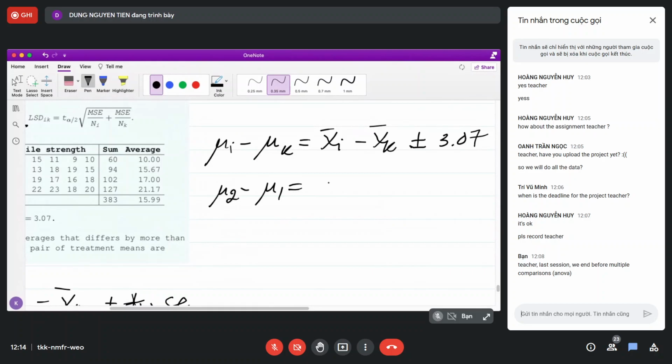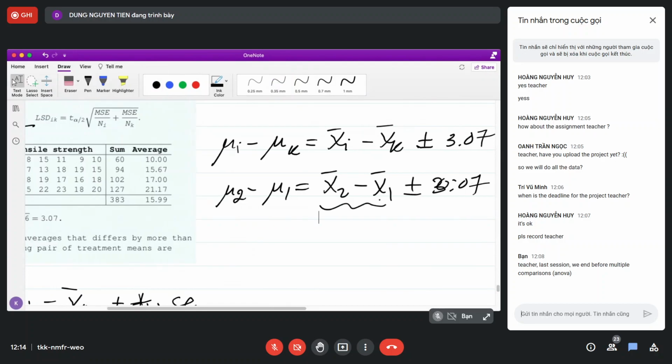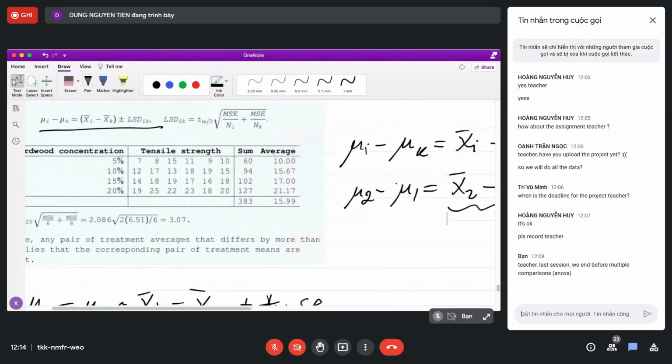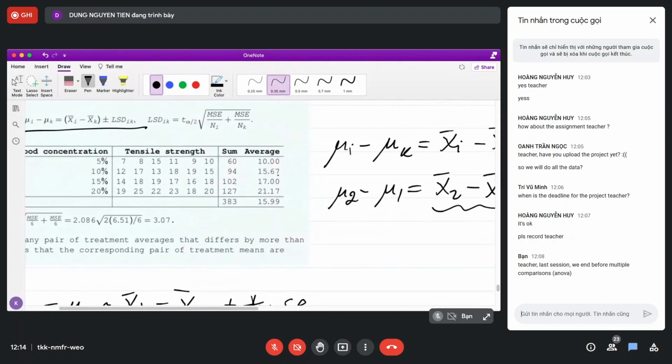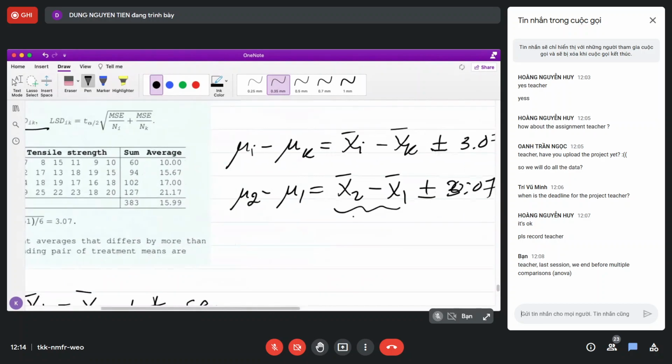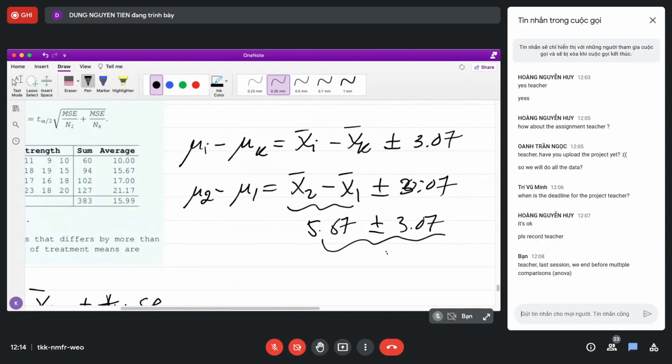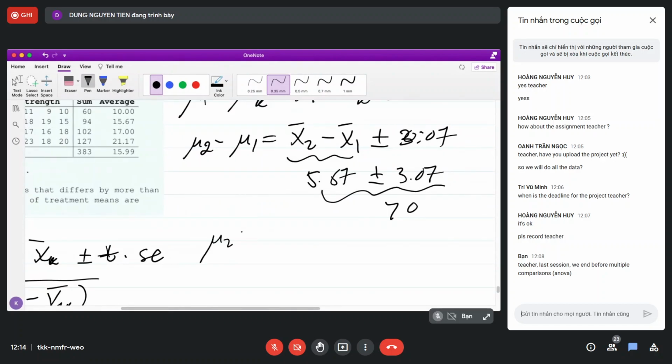Mu2 minus mu1 is simply x2 bar minus x1 bar, plus or minus 3.07. The first term, x2 minus x1, is 15.67 minus 10. So you get 5.67 plus or minus 3.07. This value is always positive, am I right? Therefore, we can say that mu2 is always greater than mu1.